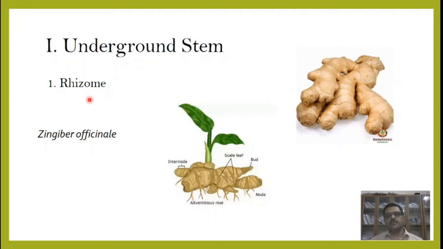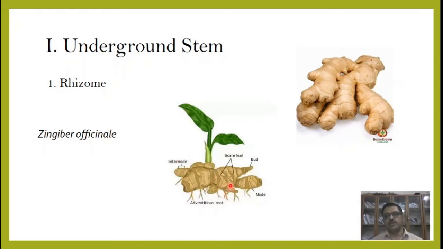The first type of underground stem we see is called rhizome, and it is characteristic of Zingiber officinale. This underground stem is fleshy with stored food and is characterized by the presence of band-like nodes, and the region between these bands are the internodes.